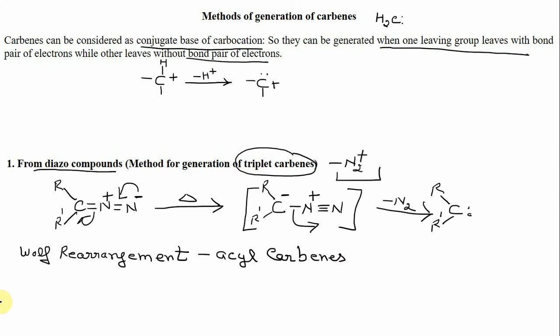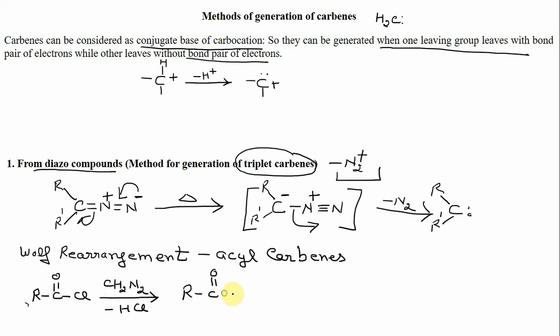So if you have an acyl chloride, R-C double bond O with Cl, and suppose we treat it with diazomethane. Diazomethane is CH2N2. It reacts with this acyl halide and there is a loss of HCl to give R-C double bond O, where this Cl is substituted by diazomethane.